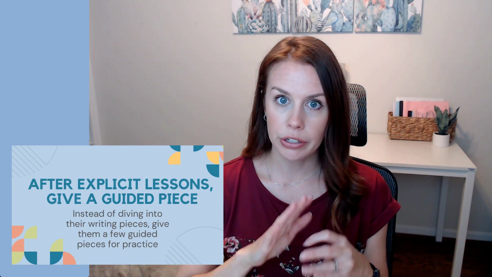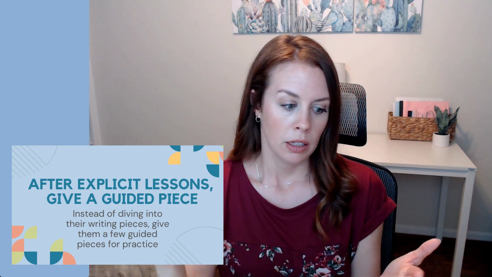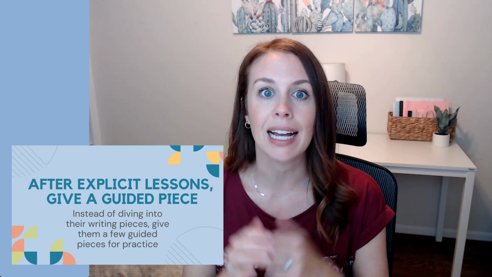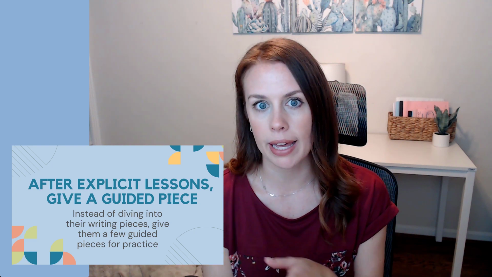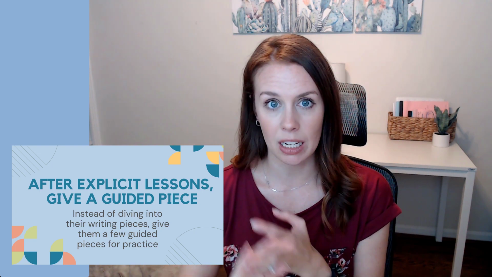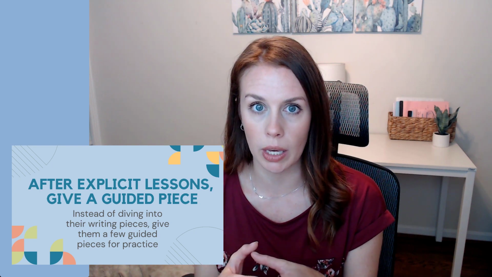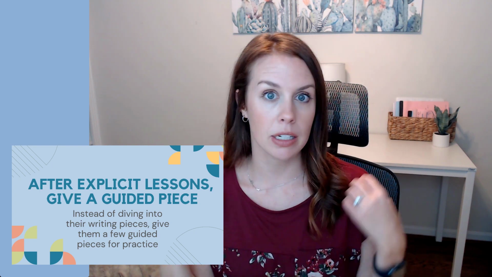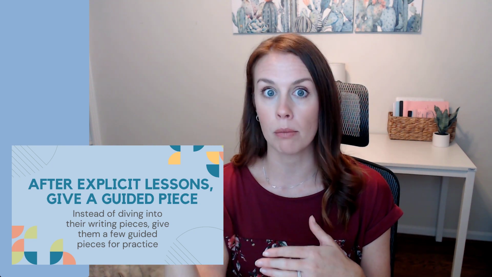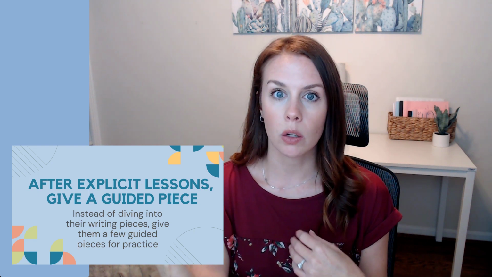And then after your explicit lessons, after you teach all of the pieces within the standard, you're going to give a guided piece. And what I mean by that is, within each of my units, I usually have 3 guided pieces. So we will be doing a full narrative writing piece together. I will give them a prompt on the board, and we are going to work through our graphic organizers together.